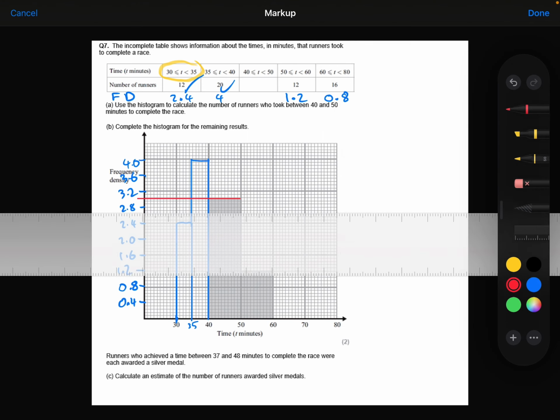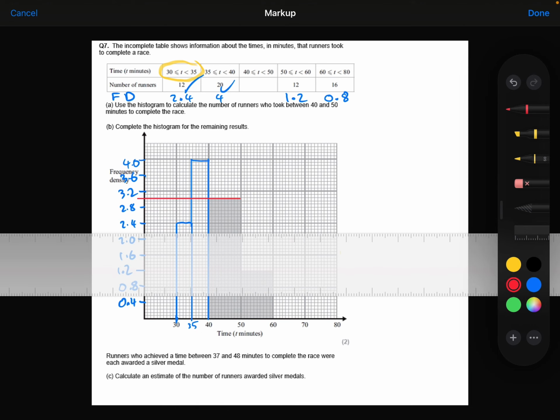I think that's smack bang in the middle of 2.8 and 3.2. So the frequency density here is 3, which means that the frequency there would have been 30. 30 divided by the 10 would have made the 3. So that's that table completed now.